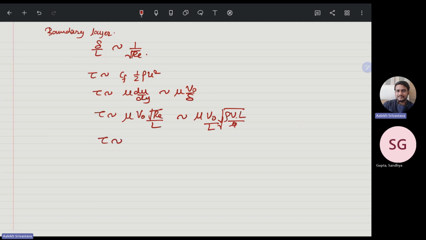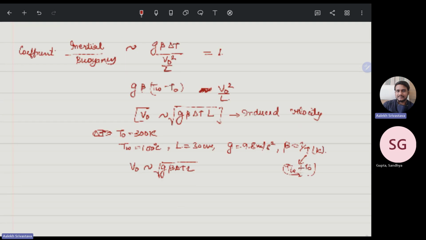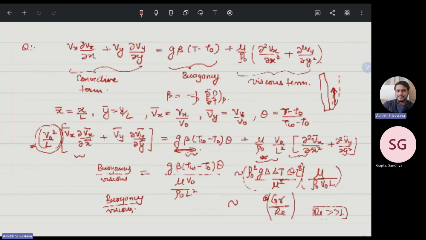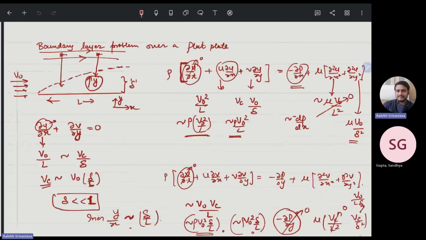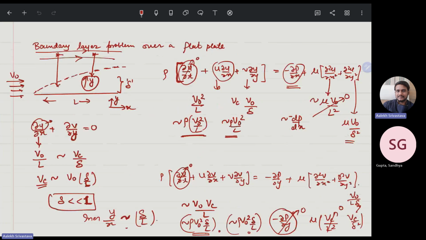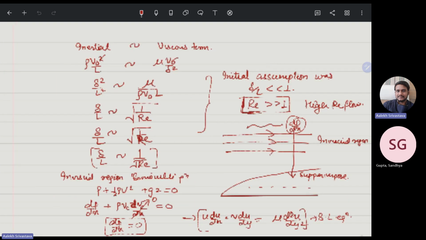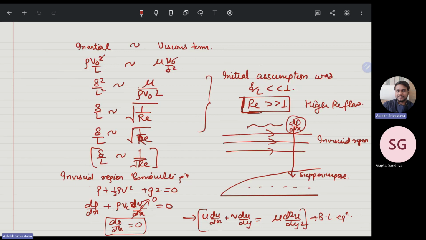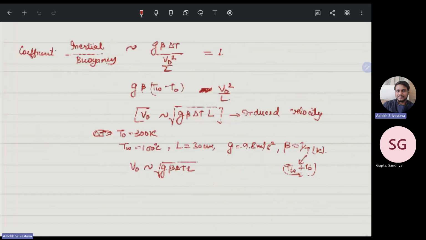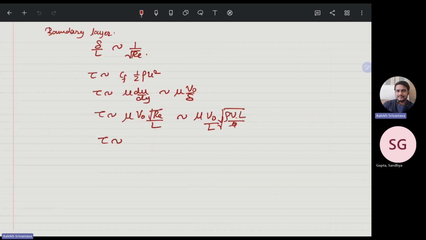So the shear stress is mu v0 by delta square. Here delta is, yes, rho VL by mu.